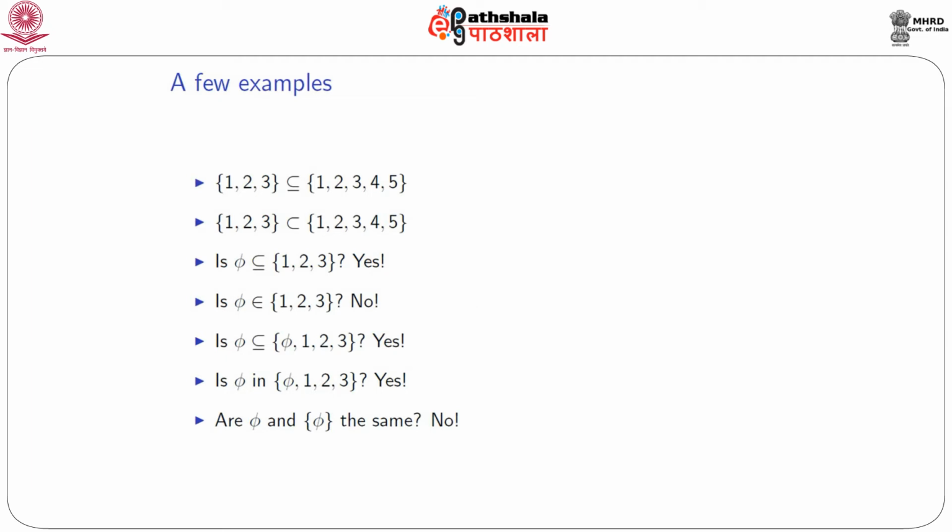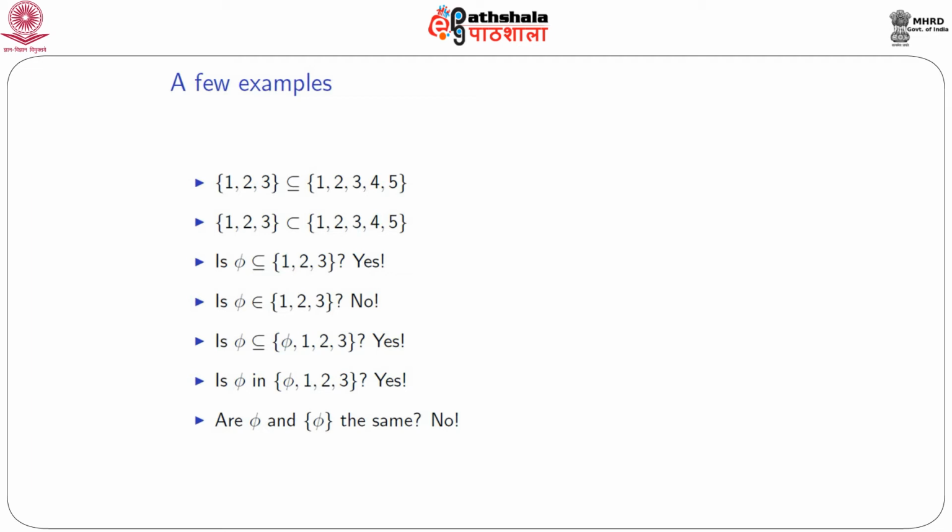Consider two sets. The first set consists of 1, 2, 3, only 3 elements, and the second set consists of 1, 2, 3, 4 and 5. If the question is asked whether the first set is a subset of the second set, the answer is yes, because every element in 1, 2, 3 belongs to the set containing 1, 2, 3, 4, 5.